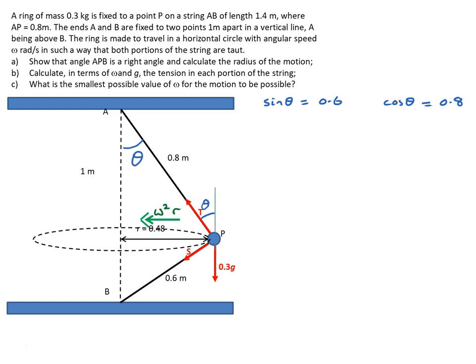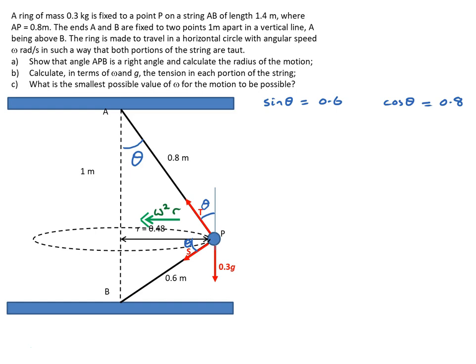We know the angle at P made by the two strings is 90 degrees. So we can deduce that the angle between BP and the horizontal must also be theta. Just take a moment or two to make sure you can convince yourselves about these angle facts.